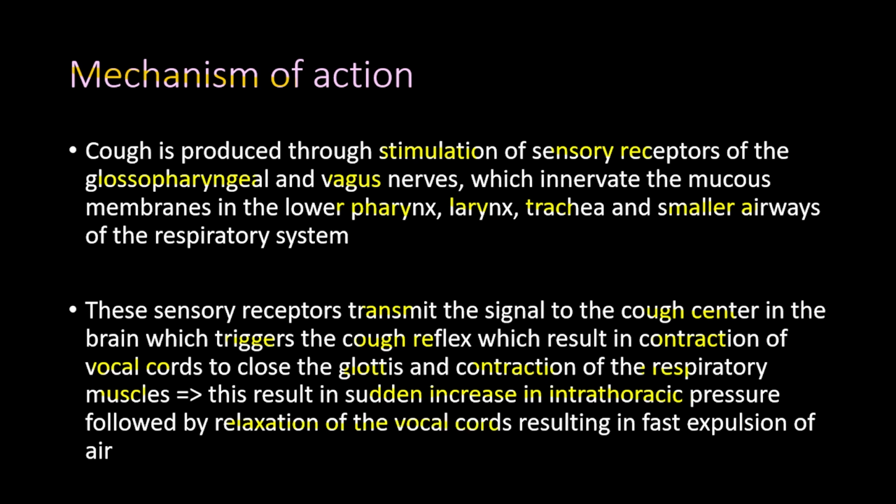So the cough reflex leads to closure of the glottis and contraction of the respiratory muscles, which are the diaphragm and the intercostal muscles. So when the respiratory muscles contract on a closed airway, this would lead to sudden increase in the intrathoracic pressure. This is followed by relaxation of the vocal cords, so the glottis would open again, resulting in fast expulsion of air, and that is what we call the coughing.